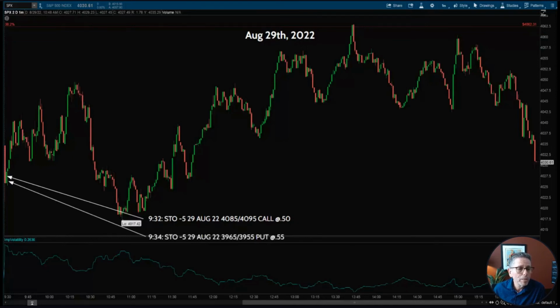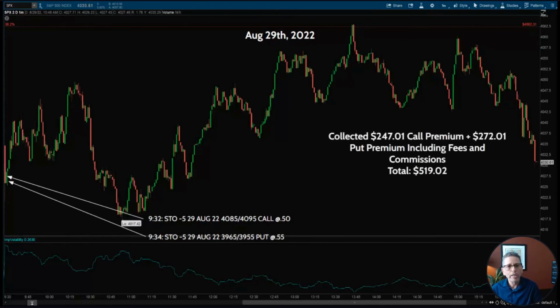I let the market do what the market does, and I closed it at expiration. Now, I wish all of these trades were like this, but this is just a normal trade, and actually most trades close like this. Okay, the majority of them. The other ones you have to battle and fight for, but that's the way that it goes. All right. So those are the examples of those trades.